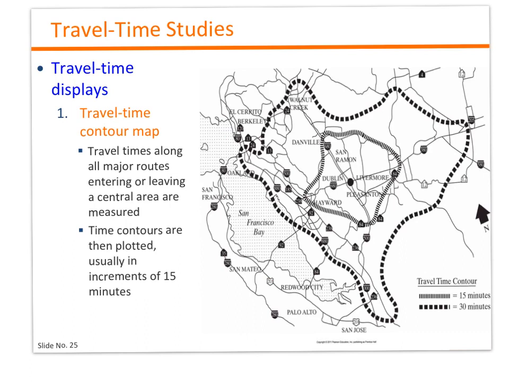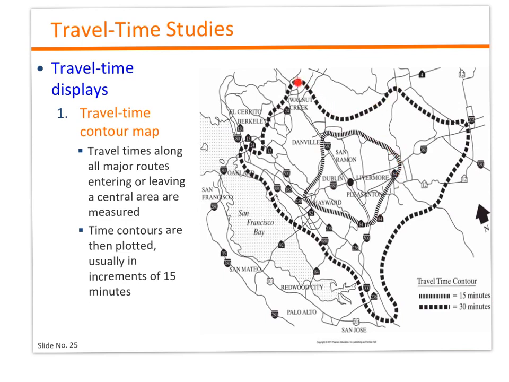Then we come up with time contours that we can plot in the usual increment of 15 minutes. Here we have the first contour line, which is 15 minutes. What does that mean? That means if you travel anywhere within this area, from one point to another, you will have roughly a travel time of 15 minutes.